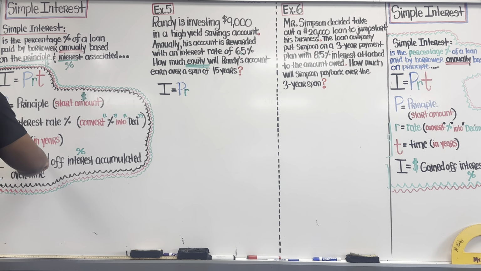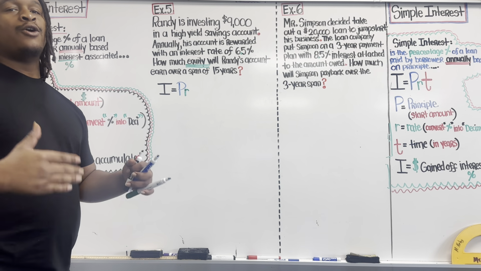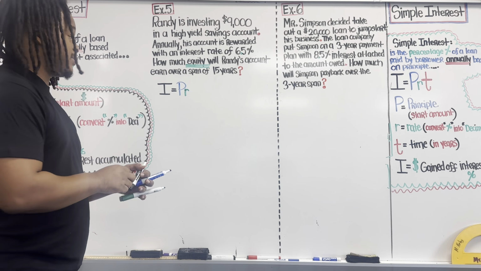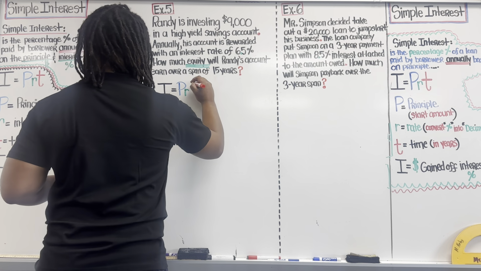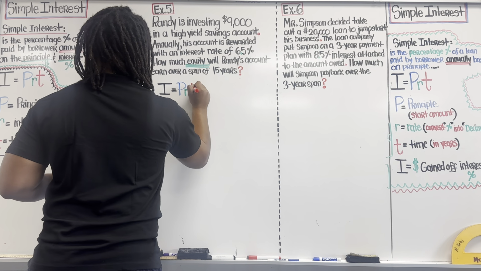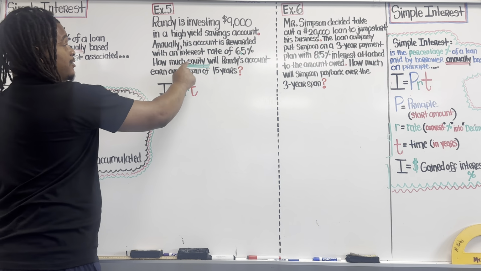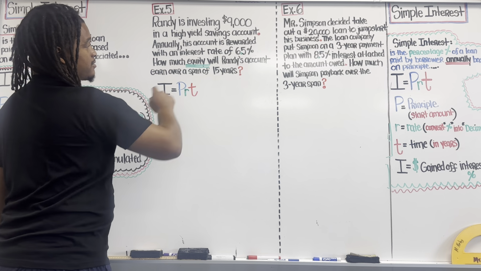And then T is time, but time is only in years because simple interest only hits an account or a loan annually. That means one time per year, okay? So T is time, but that's time in years. So this is the formula, guys, in order for us to find out how much equity Randy's account will earn over a span of 15 years, okay?